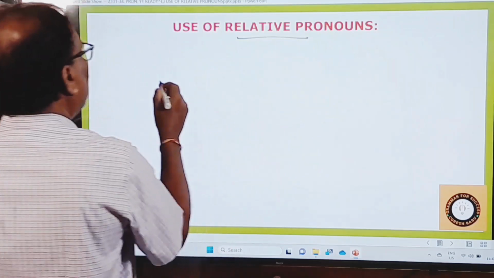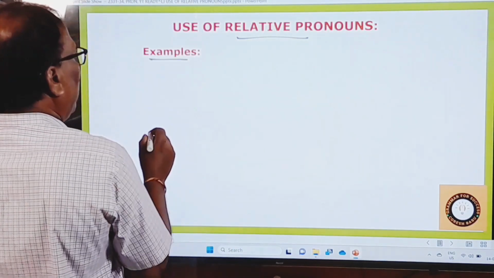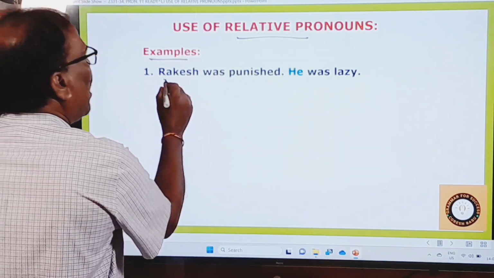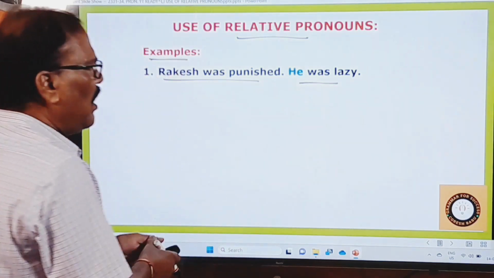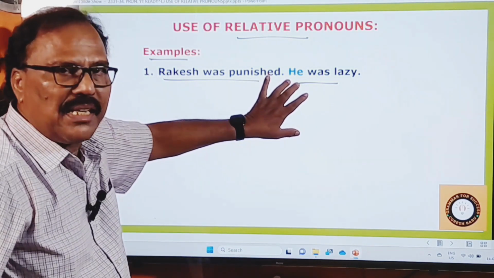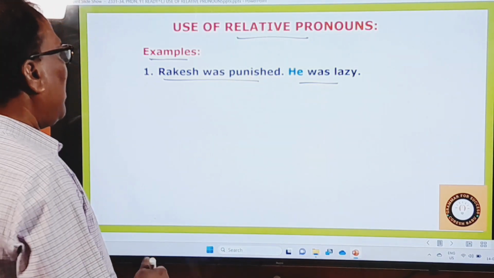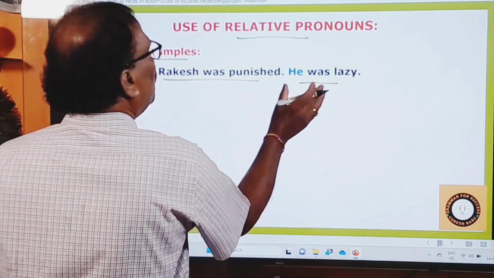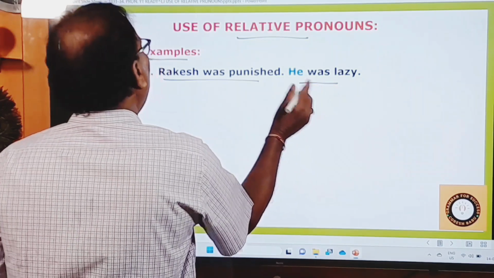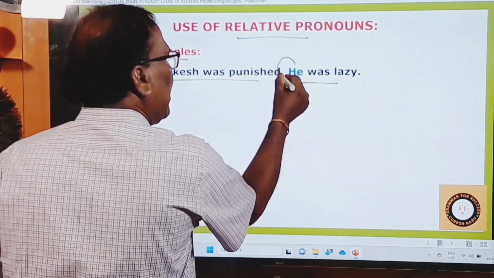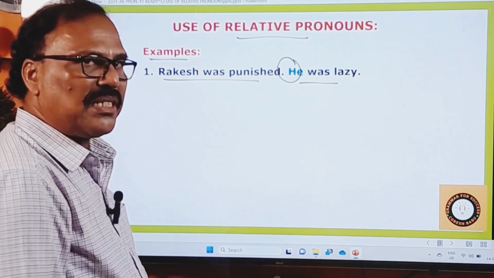Use of relative pronouns. Examples are given here. You look at these examples. Rakesh was punished, he was lazy. These are two separate sentences. Are you following me? What have we used for Rakesh in the second sentence? He. Who are we talking about in this sentence?